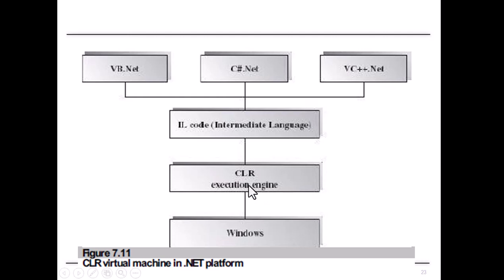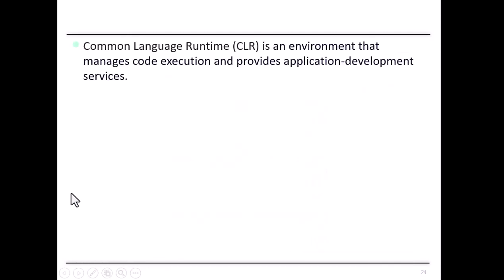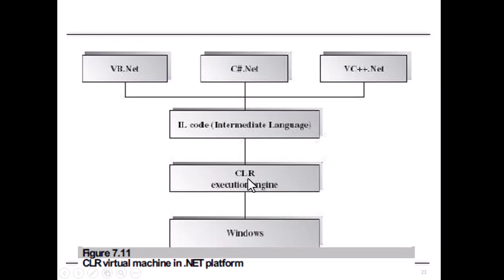And then CLR, which is another level. CLR is the common language runtime, an environment that manages code execution and provides application development services. So this layer is approached, but why is this layer important? If we skip this layer, as each tool has a unique characteristic and coding style, it will be impossible for all the tools to execute.